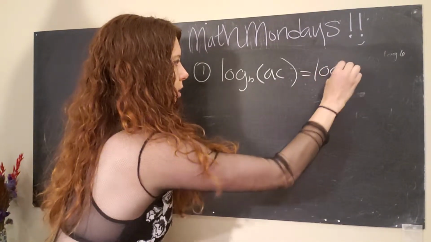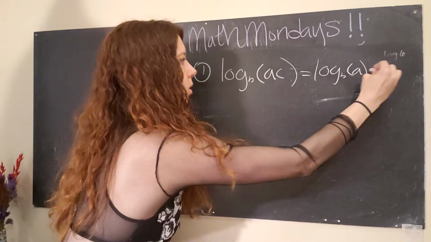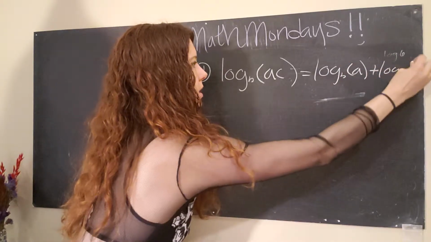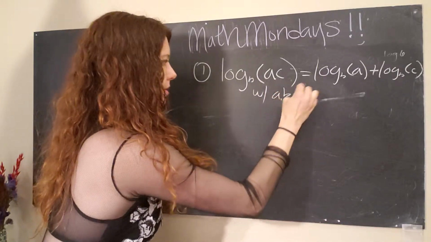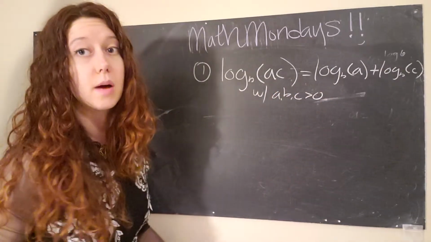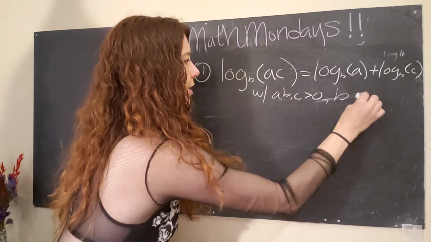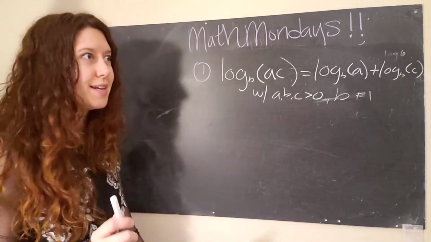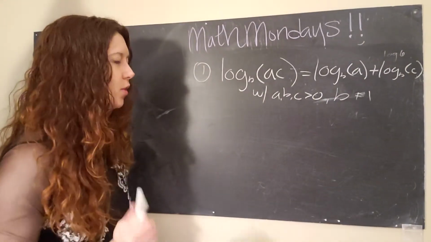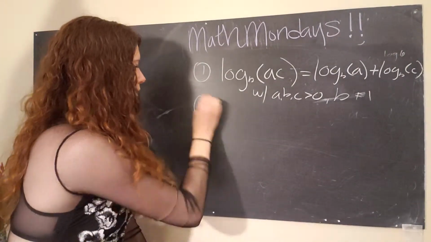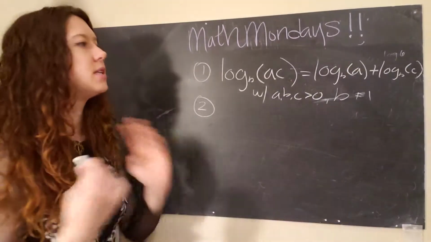So you have log base b of a plus log base b of c, with a, b, and c positive numbers, and b cannot be equal to 1 because 1 is a very unique number and it does some funny things with exponents.